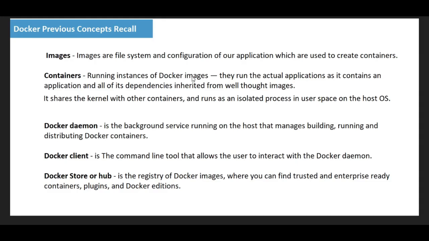Docker client was the CLI, our command line interface, which gave the commands that were supposed to be done to the Docker daemon. And lastly, Docker Store or Hub was the registry of Docker images, where we can find all the different variants of containers, plugins, and so on.